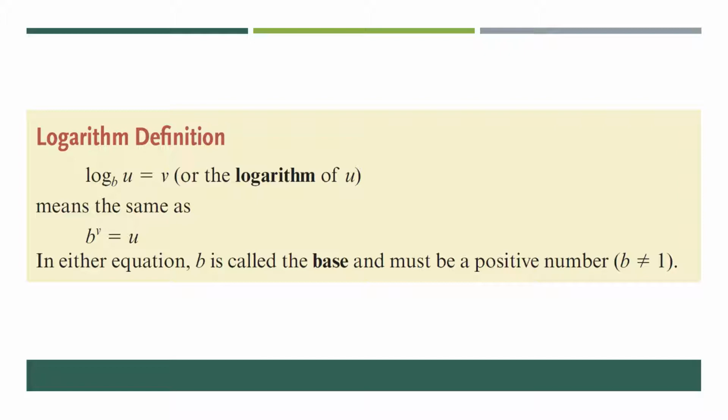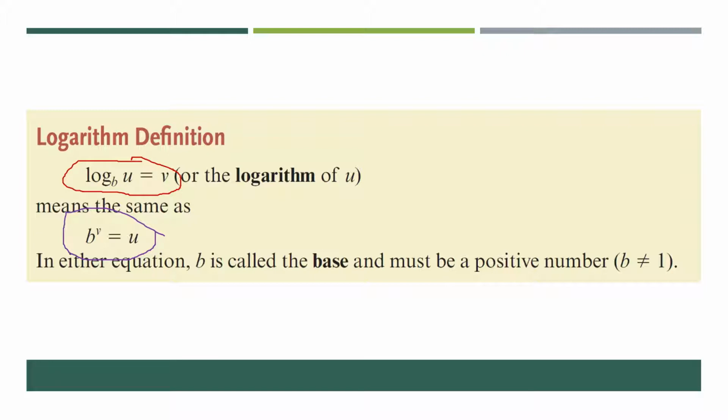The first part up here is called logarithmic form. The second part down here is called exponential form. We have logarithmic form circled in red and exponential form circled in purple.